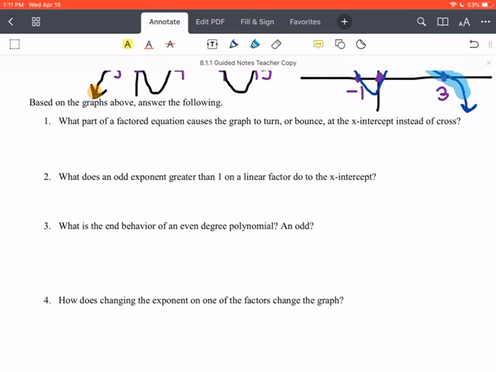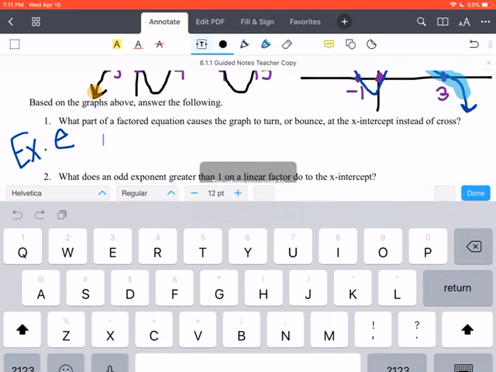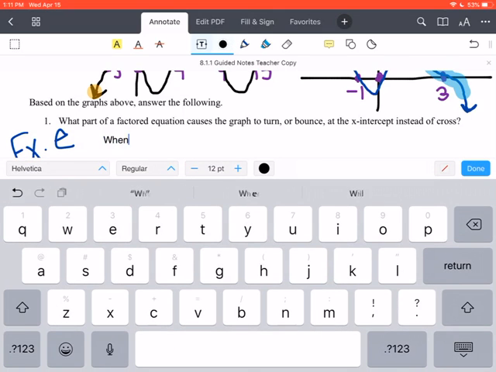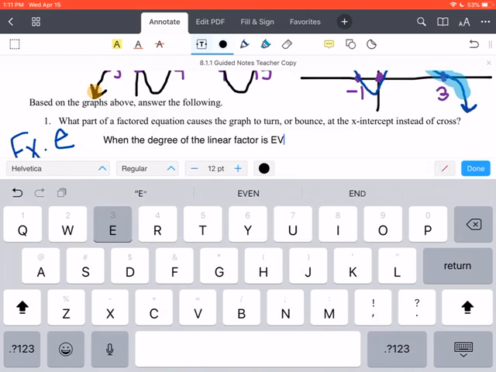Okay, well, that is example E. Let's type out what we have established: that when the degree of the linear factor is even, that is when it is going to kiss.